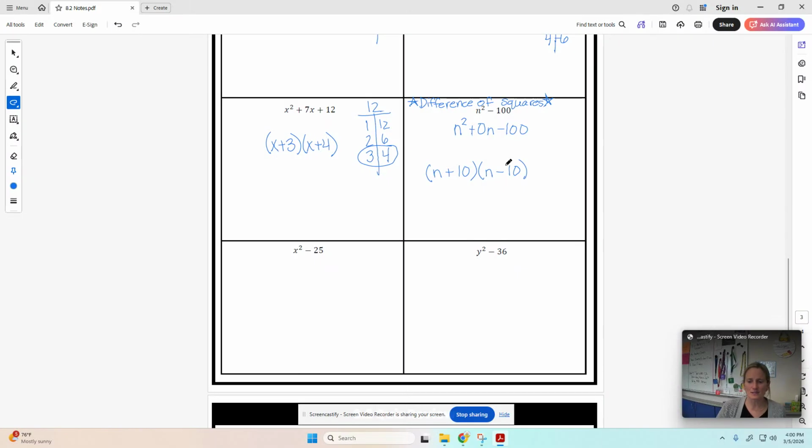If I want to tie this back into the same process that I used to solve all the first examples, I'm thinking of factors of negative 100 that multiply together to give me a negative 100. So they have to have opposite signs. Notice I have opposite. But they add together to give me 0. So I could list out all of them.